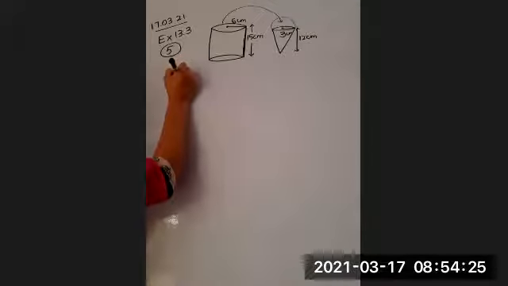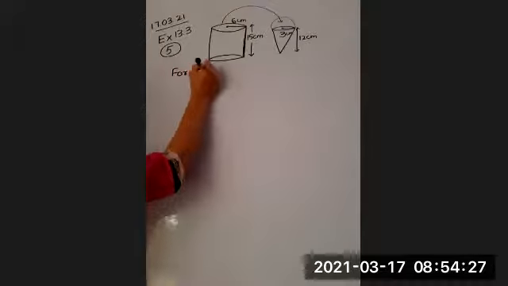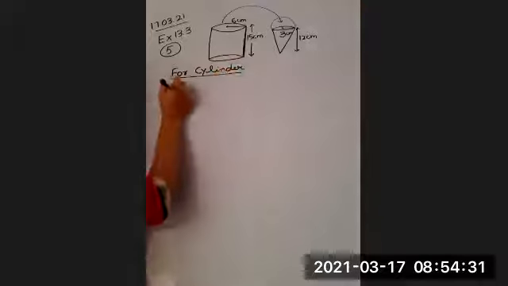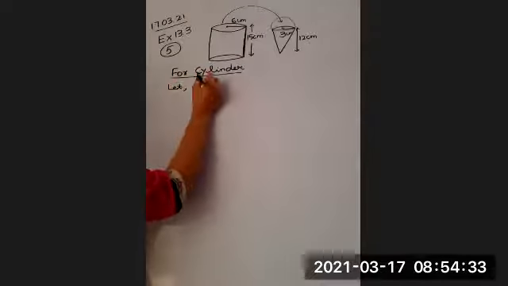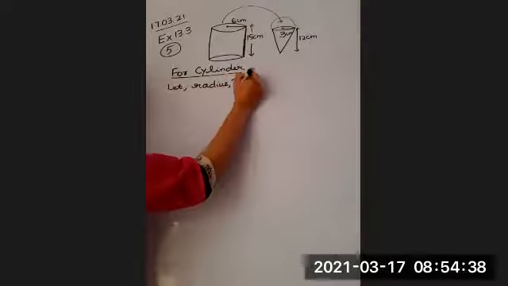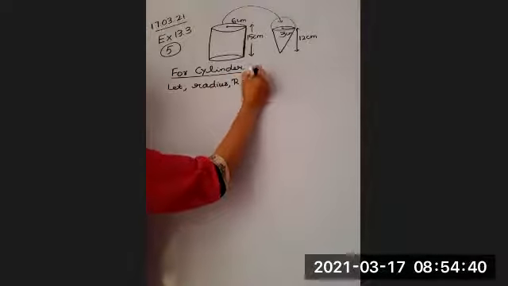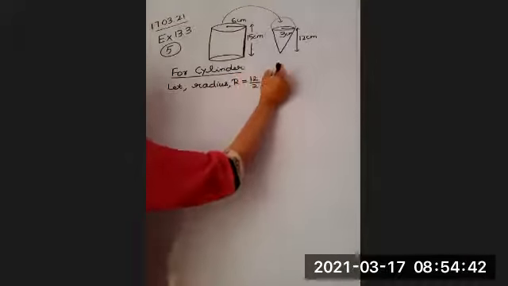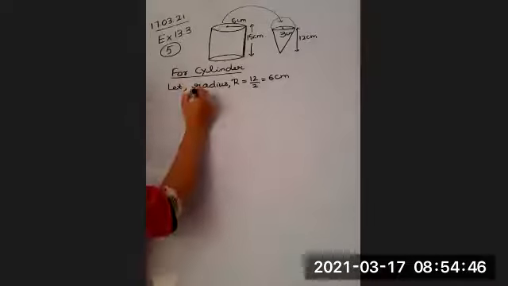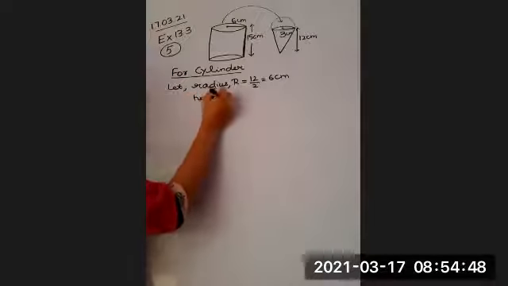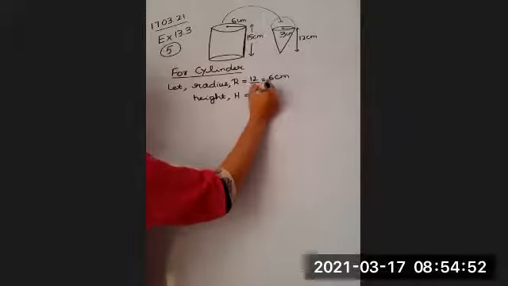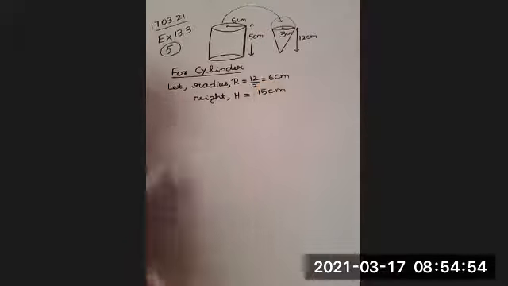For cylinder, let radius capital R is 12 by 2 is 6 centimeter and height, let me take it to be capital H, which is equal to 15 centimeter.